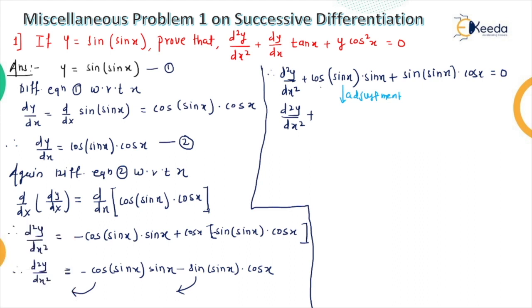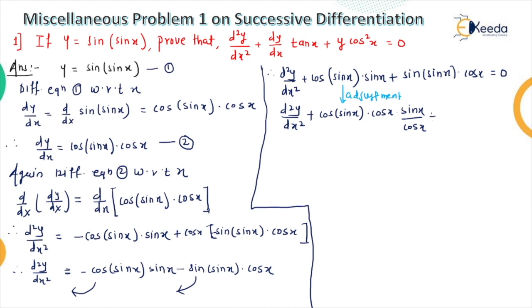So I am considering it multiplied and divided by cos x. This is cos of sin x, into cos x, and into sin x divided by cos x. I am taking this extra cos x in the numerator, as well as a cos x for cancellation in the denominator.